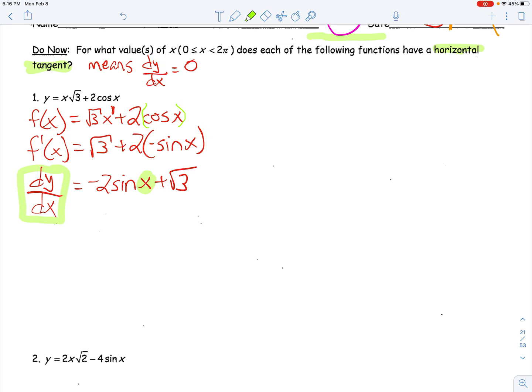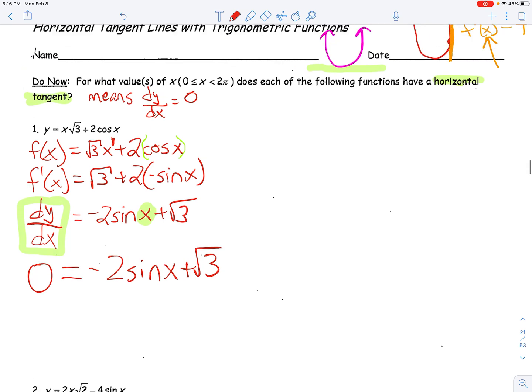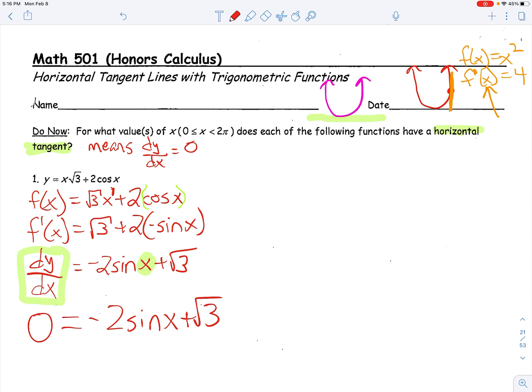So dy dx is 0. You're going to set negative 2 sine x plus radical 3 equal to 0, and then solve for x.